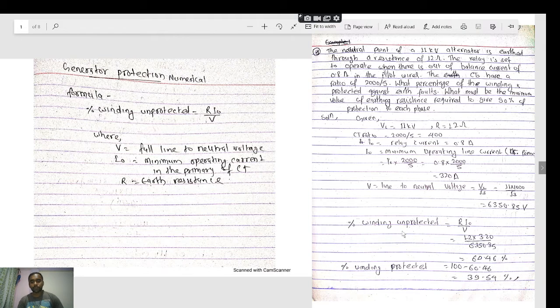Now percentage winding unprotected equals R I naught by V. R is given 12, I naught is calculated 320, and V is also calculated 6350.85. Now percentage winding unprotected equals 60.46%. Percentage winding protected equals 100% minus percentage winding unprotected, that is 100 minus 60.46 equals 39.54%.